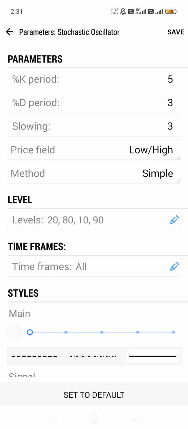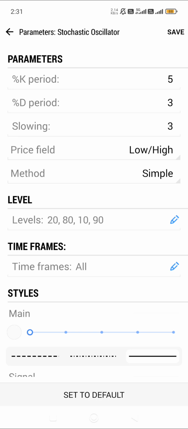There, set up %K period 5, %D period 3, slowing 3. Price field low and high. Method simple. The levels have to show 10, 20, 80 and 90.